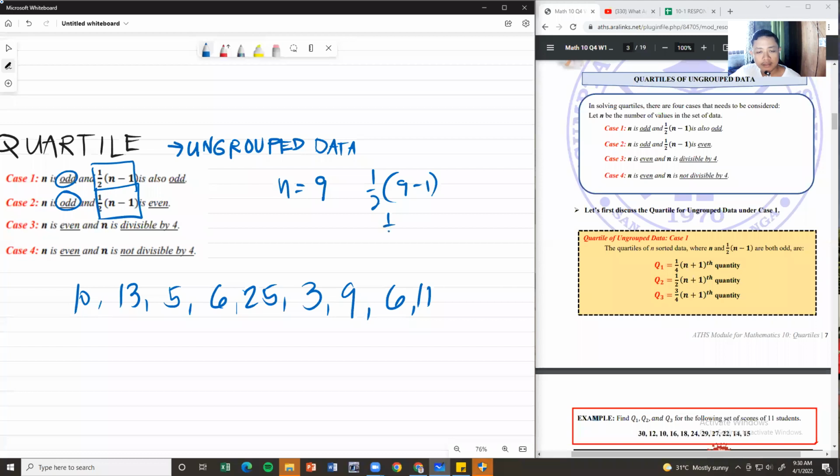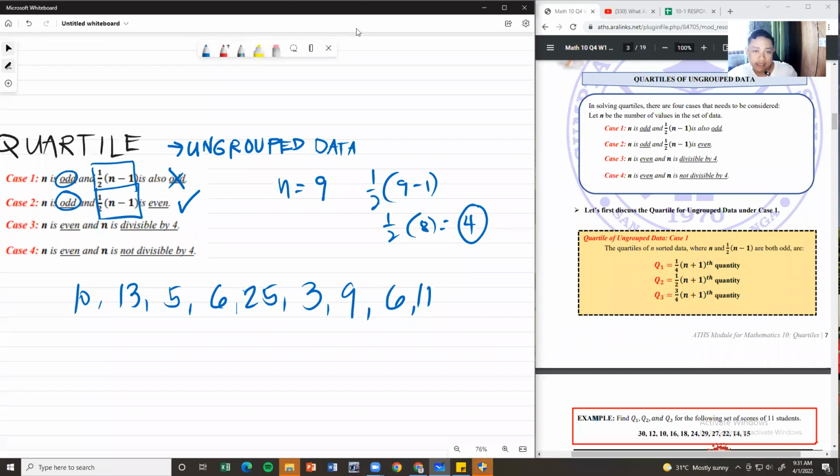This is equal to 1/2 of 8, and 1/2 of 8 is 4. Having 4 as the result of this formula, in which case does this set of data belong now? It already belongs to case 2, not case 1 anymore, because it did not satisfy the condition for case 1.